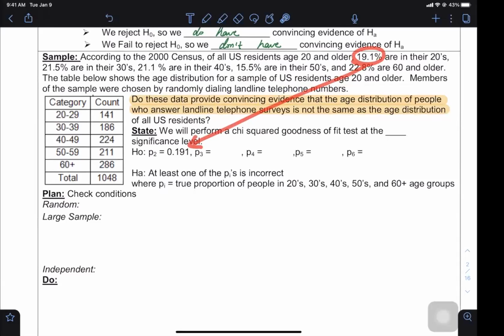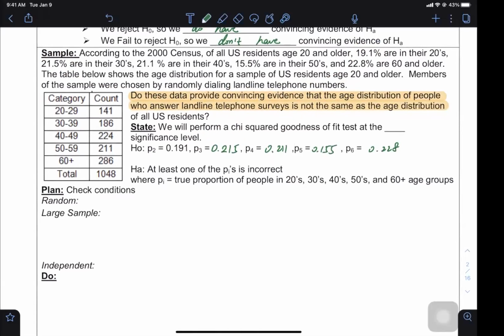And the 30s group is 21.5%, so P3 is 0.215. And also P4, and P5 is the 50s, and P6 is the 60s. And then our alternate hypothesis is that at least one of the pi is incorrect.